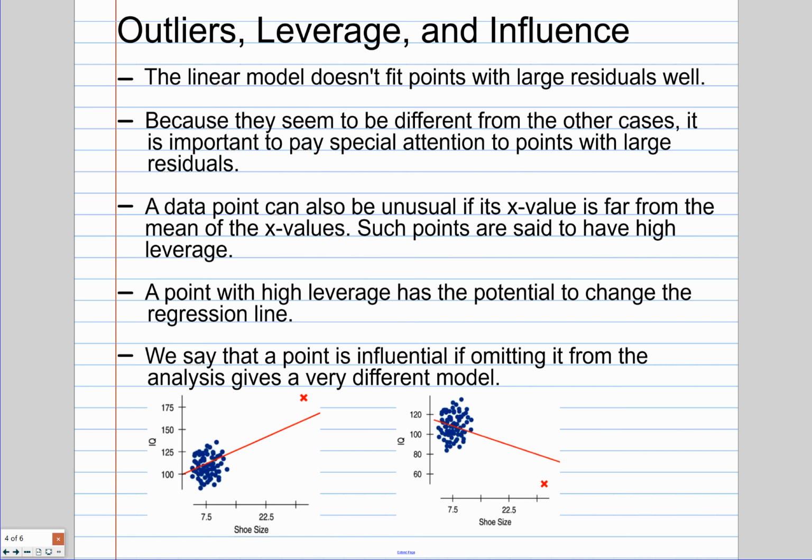And you guys see how the X value is way out here, probably near around 30. See how it's out here? Any value that has an X that's far away from all the other X values is said to have leverage. So that's this word leverage. All right. So I'll repeat that. Any data value that has an X that's far away from all the other X's is said to have leverage.